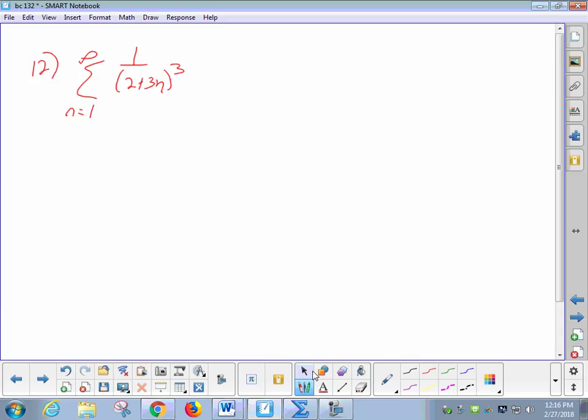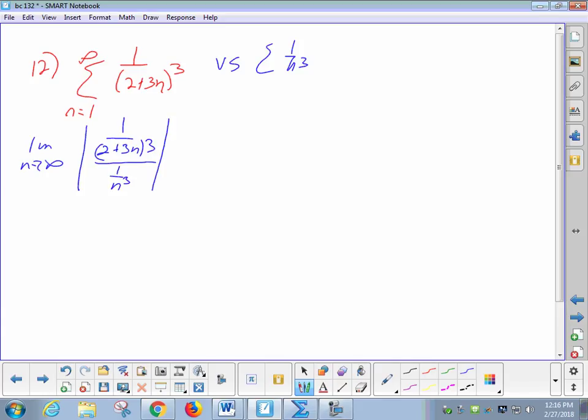What'd you compare it to? 1 over n cubed. Great. Now, although finding the wrong limit value, say you would say the answer is 1/3 when it should have been 1/27, will that affect your conclusion?